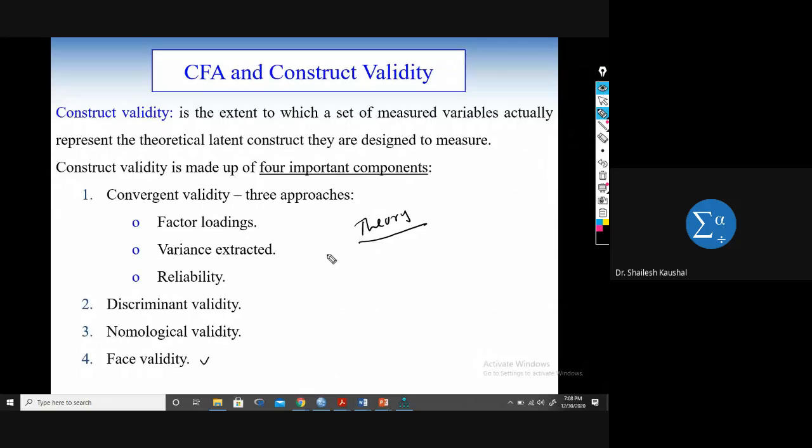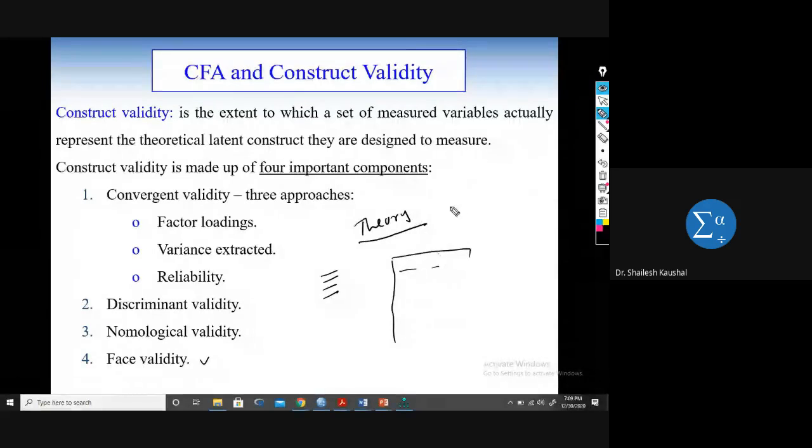So whatever questions we are taking should come from the particular theory, and you should mention that some researcher has earlier used them to explain this concept. In face validity, in your research paper, you should give the references of the other researchers' scales.